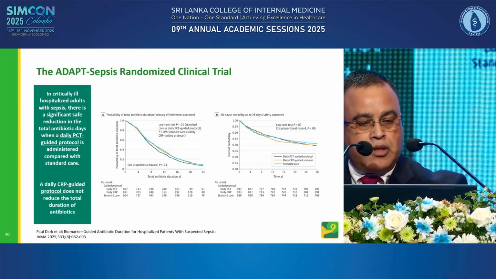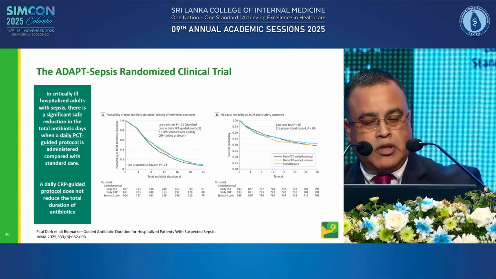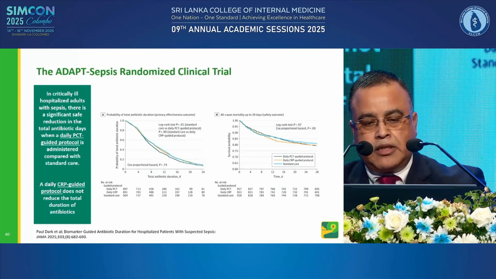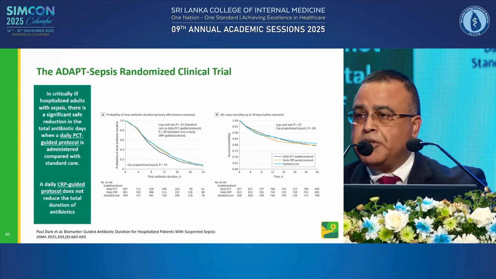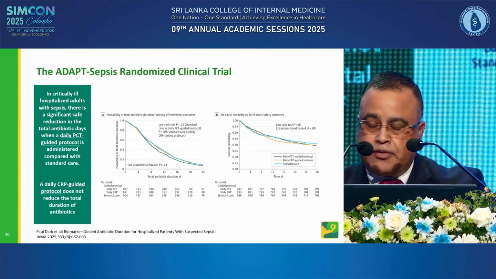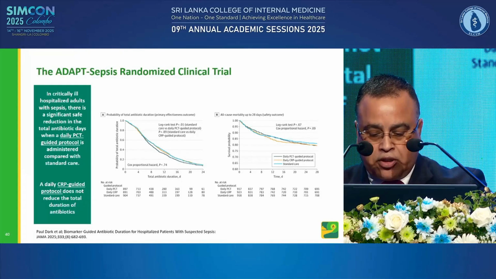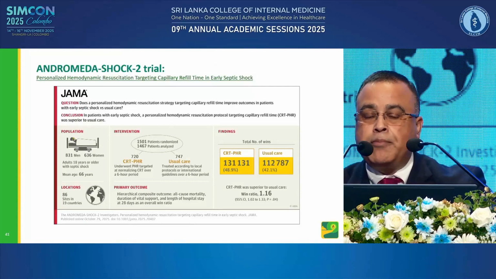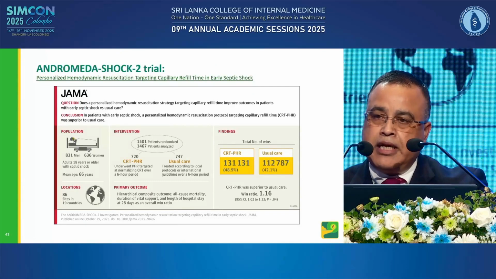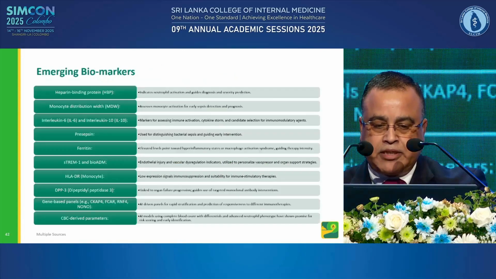In terms of a daily protocol using procalcitonin, these are evidence-based studies. CRP is not useful in decreasing antibiotics, whereas procalcitonin has shown some usefulness if you follow it periodically. In terms of capillary refill time, again, a very good study shows that you must check capillary refill time every single day, so you have a better outcome.